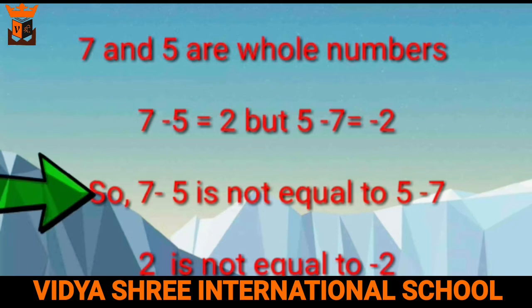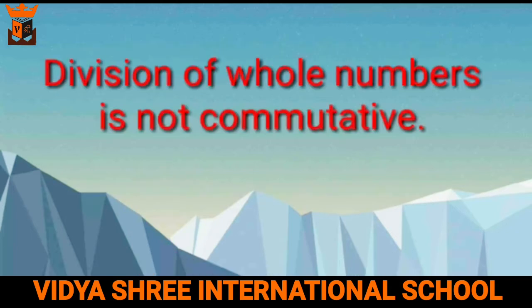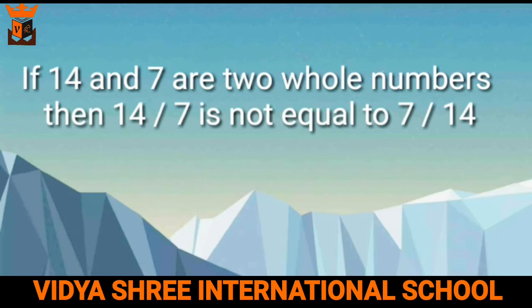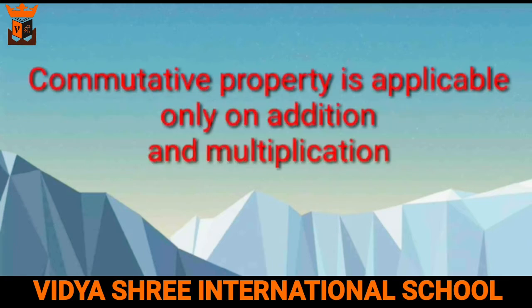So we can say 7 minus 5 is not equal to 5 minus 7. Division of whole numbers is not commutative. If 14 and 7 are the two whole numbers, then 14 divided by 7 is not equal to 7 by 14. So we can say the commutative property is applicable only on addition and multiplication.